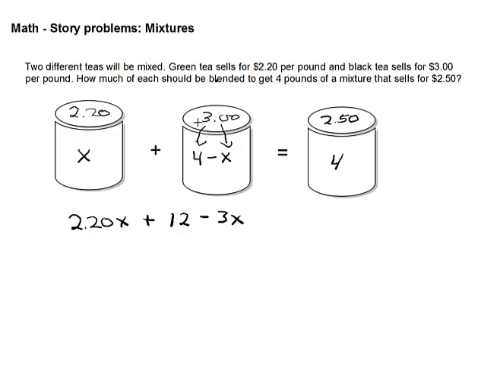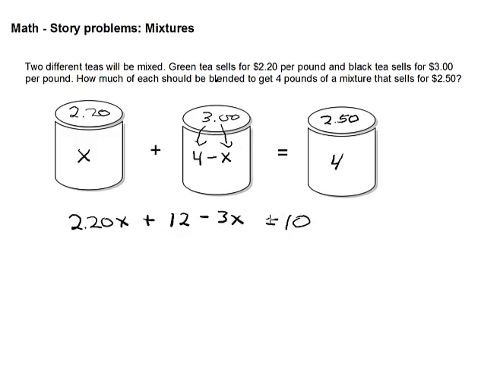Because it's a whole dollar, we can just drop the decimal part, so we're just going to use 3. And that's going to equal 2.50 times 4, which is going to give us 10. So we will put 10 here.